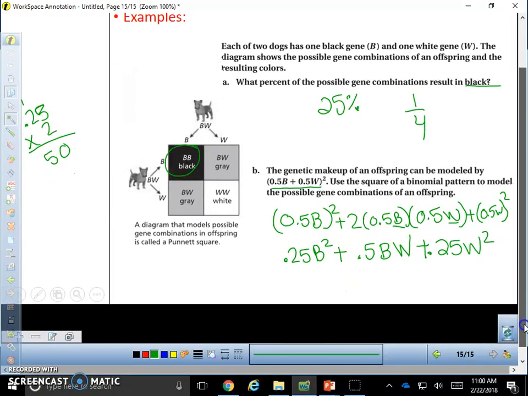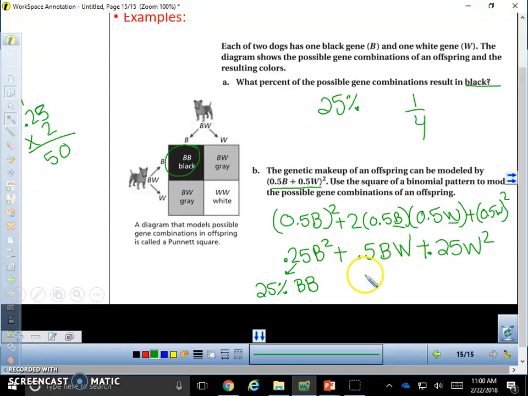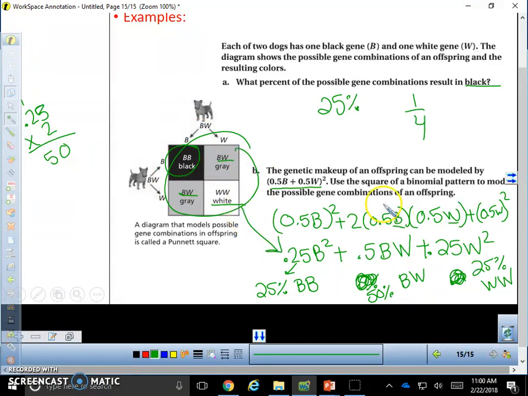So the possible gene combinations of offspring are a 25% chance of B squared, okay, a 50% chance of BW, which is gray, and a 25% chance of W squared, which is WW, white. Done. We modeled it. Our Punnett square is now modeled in an equation. Why algebra? Because now we can plug things in.